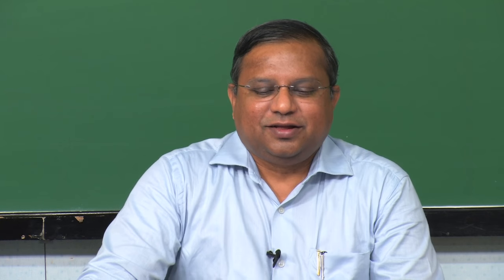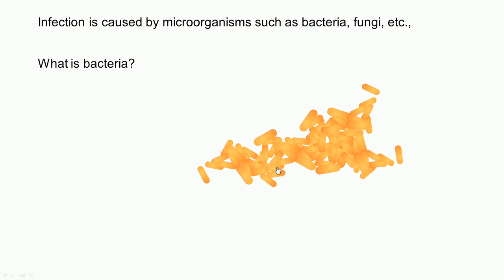Now, what is bacteria? Bacteria could be something like this. If you look at it under the microscope, you see these rod shaped structures here. This could be one of the bacteria that is present in nature. There could be other kinds of bacteria with different shapes, slightly different size and so forth.